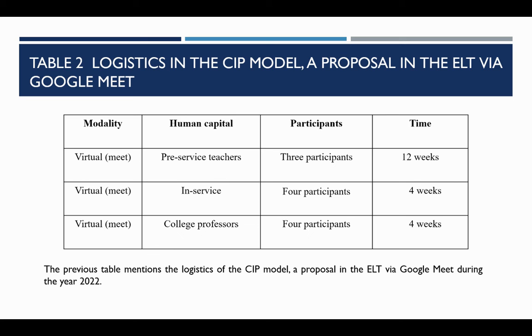Then at the top of the pyramid, as we mentioned before in the table, we will have also in a virtual manner, using Google Meet, college professors, four participants, and they will be teaching specifically 4 weeks, 1 month. Basically this is it. This is the logistics of the CIP model and the ELT via Google Meet during the year 2022.